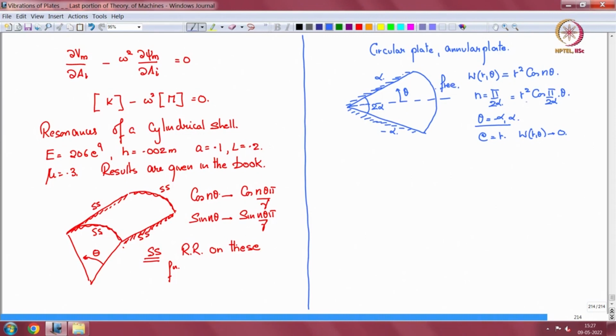So, you could use this function and estimate the fundamental natural frequency of this sector.